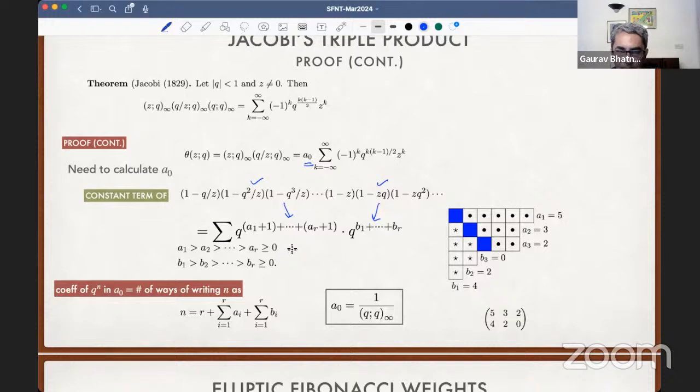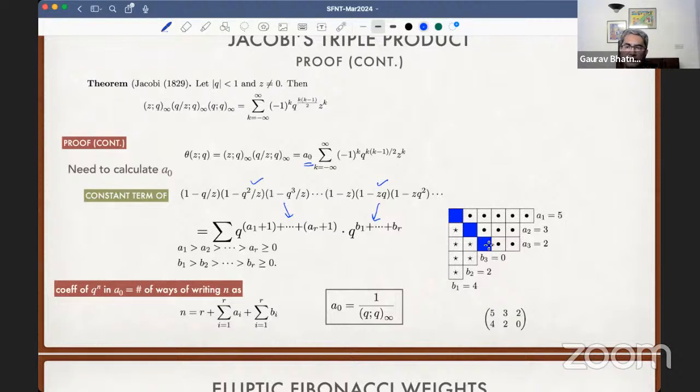You can do this geometrically by considering a partition. This represents this partition, a1 equal to 5, 3, 2. So you take any partition and you write what is called the Frobenius symbol for the partition.